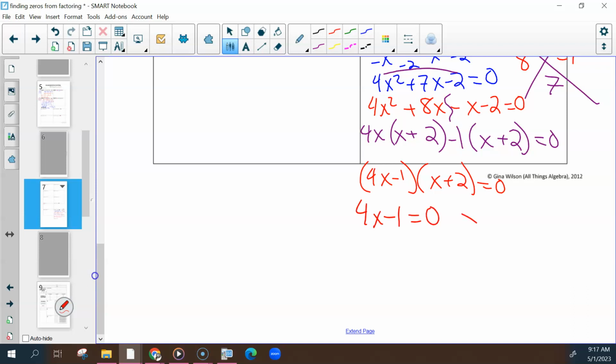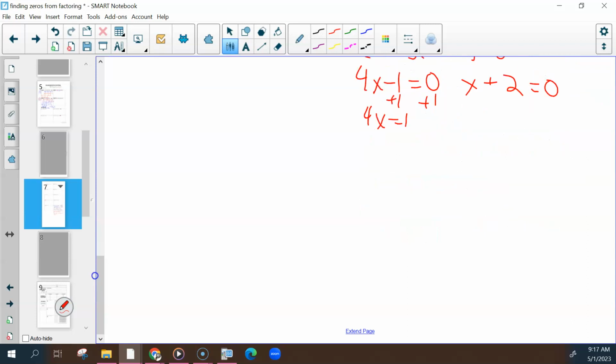Set each one equal to 0. Actually solve this one. What are the two zeros?